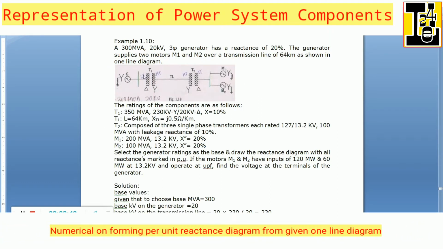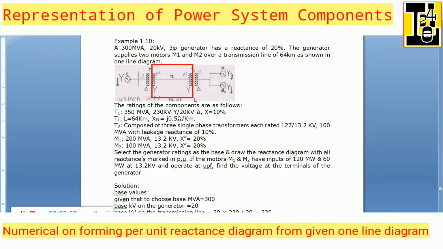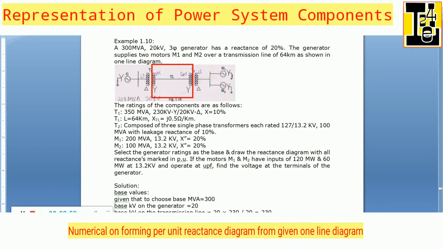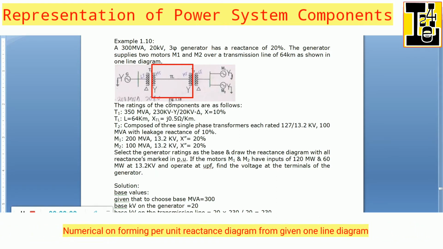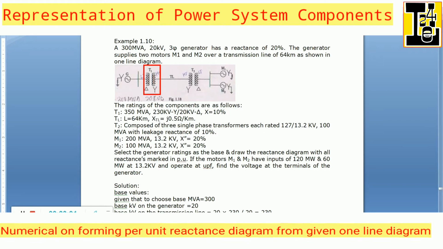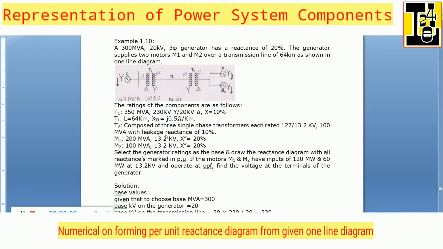Now we need to calculate the base kV in the transmission line section, where it includes the T1 secondary, transmission line and the T2 primary. By means of transformer and its ratings, we need to calculate the base kV in the transmission line.